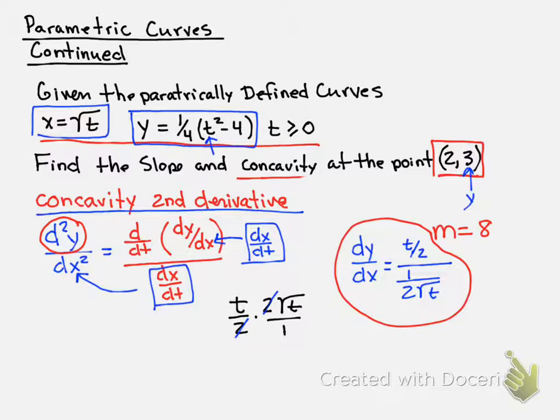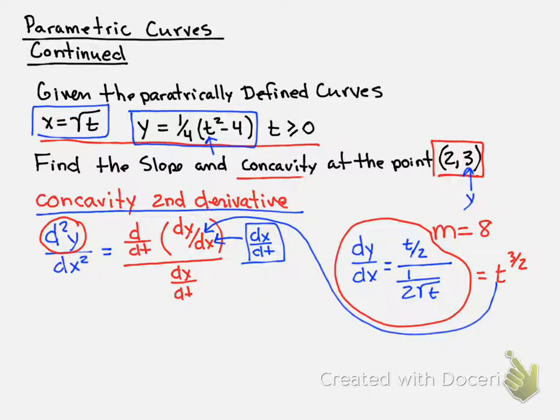And when we multiply t times t to the 1/2, our dy/dx is really t to the 3/2 power. So that is what is ending up right here in our formula.